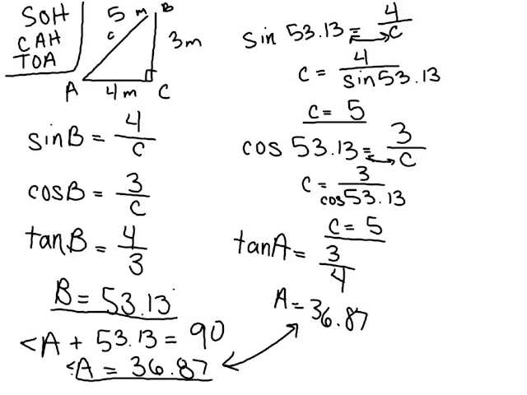Those matched up. Or I could have looked in my book on page 179, the table of trigonometric functions, and found the closest degree measurement to 0.75 as my tangent value. So in trigonometry, as long as I'm given 2 pieces of information, I can usually solve for everything else on the triangle.